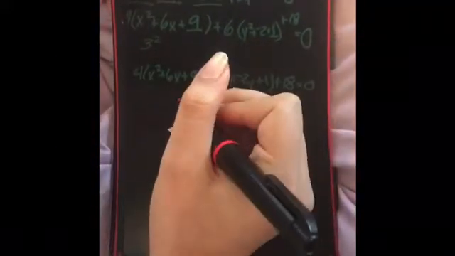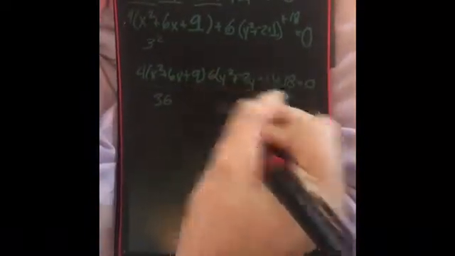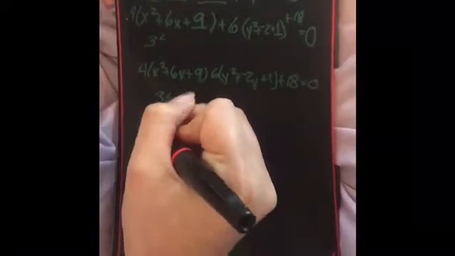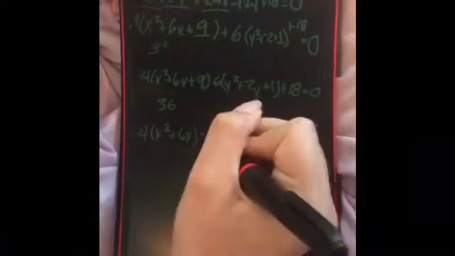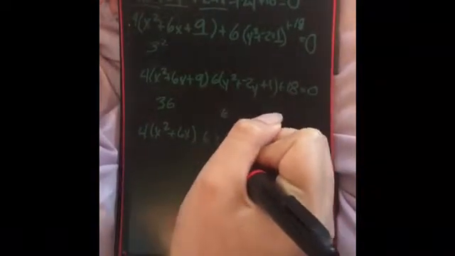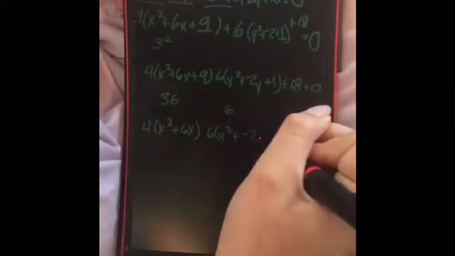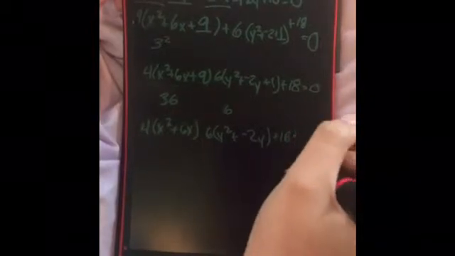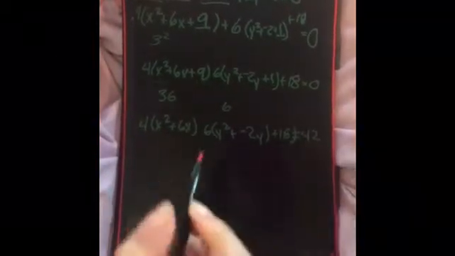So 4 times 9 equals 36, and 6 times 1 equals 6. So we have now 4x squared plus 6x and 6y squared plus negative 2y plus 18. 36 plus 6 equals 42.